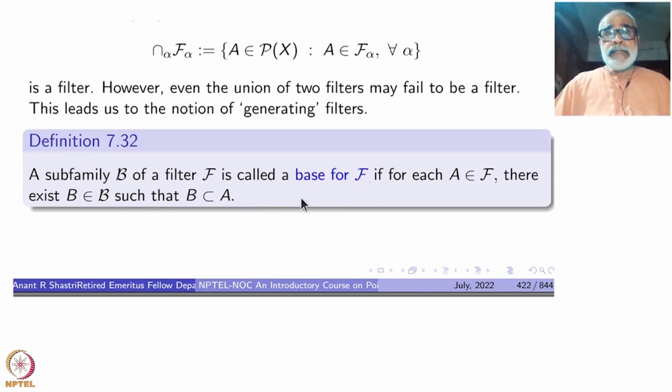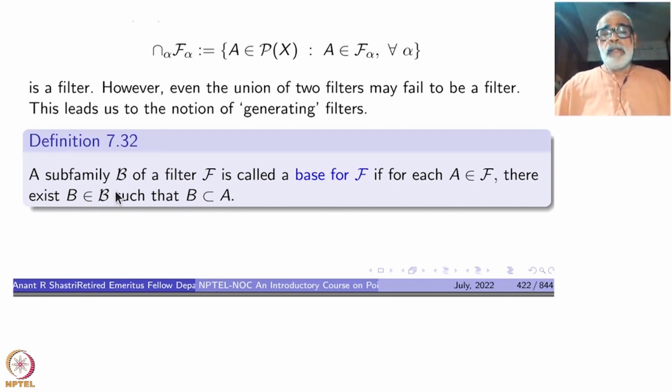There, for each X and a member containing that, there must be something B here. Here there is no reference to the point at all. For each A inside F, there must be a smaller B which is inside this curly B.